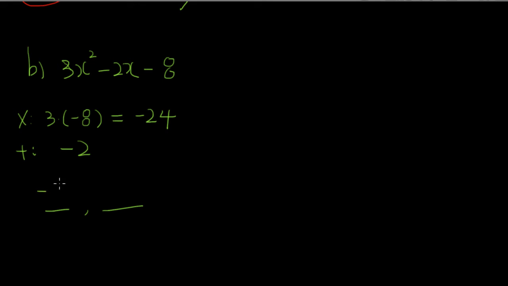Yep, negative 6 and positive 4. Remember that I recommend you to write the negative first, right? So now we can rewrite this as 3x squared negative 6x positive 4x negative 8.